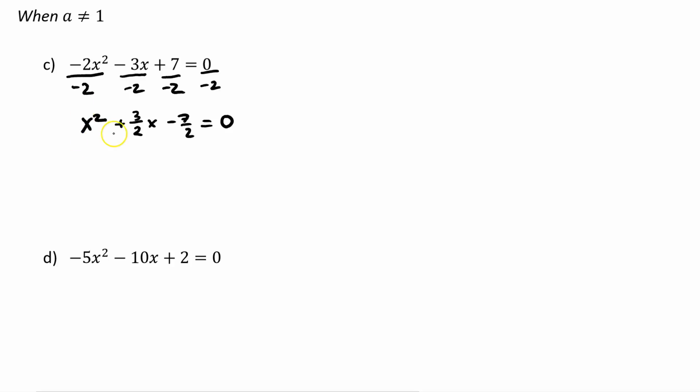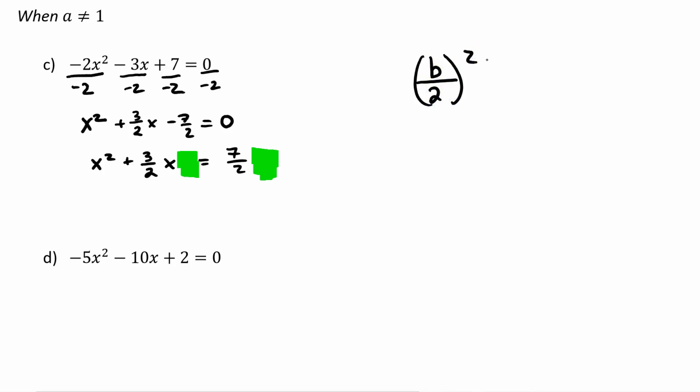Same thing, we're going to isolate the x terms. x squared plus 3 over 2 x equals positive 7 over 2. And now we need to figure out the value that we need to add to both sides to get the left-hand side into a perfect square trinomial. I'm just going to default to b over 2 squared.